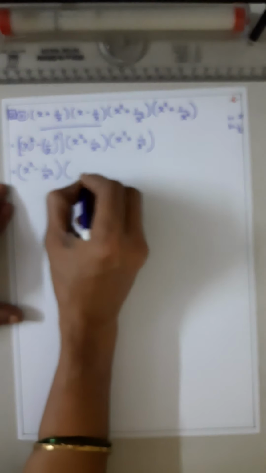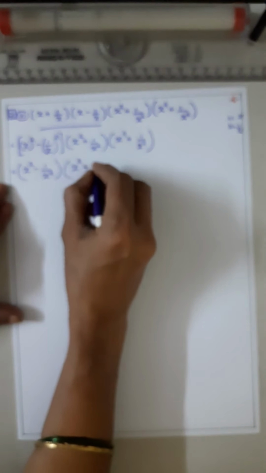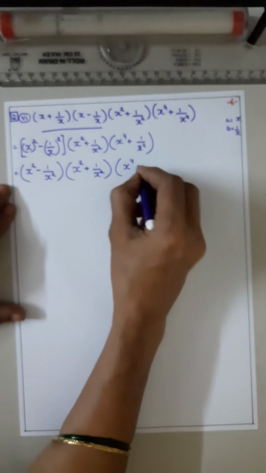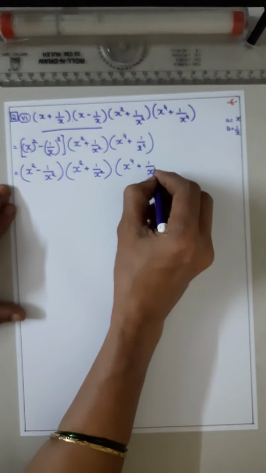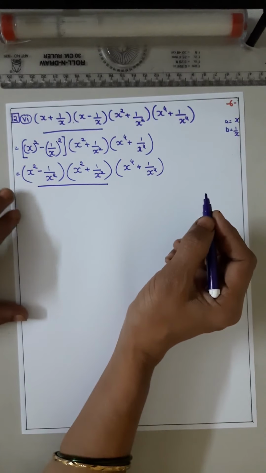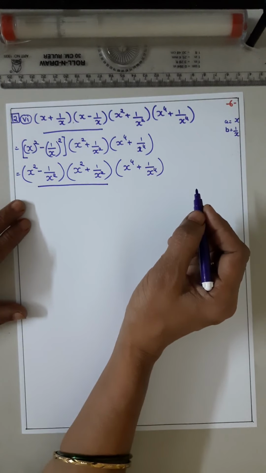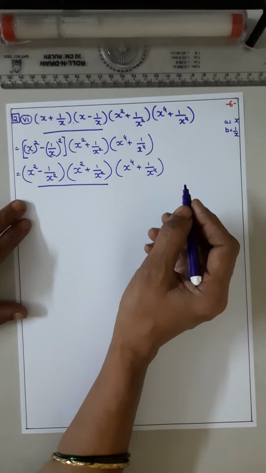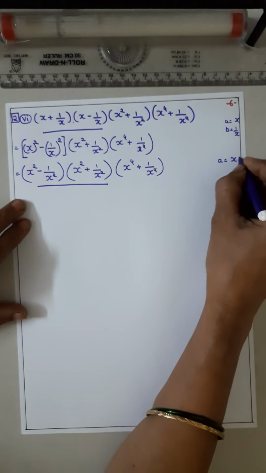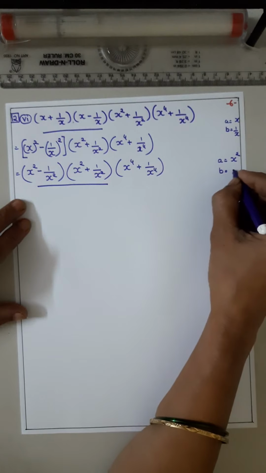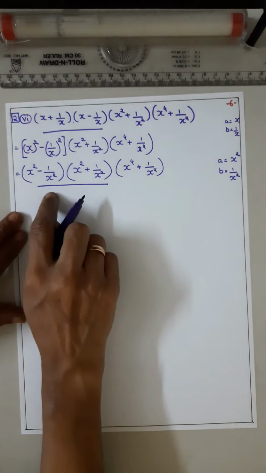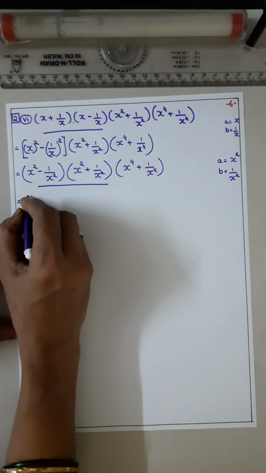Now this one will be x squared plus 1 by x squared. Now here x to the power 4 plus 1 by x to the power 4. Now again this became a plus b, a minus b is equal to a squared minus b squared. Now here a is equal to x squared, b is equal to 1 by x squared at this time. So a squared will be what?